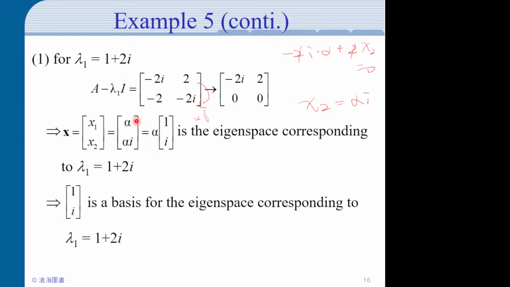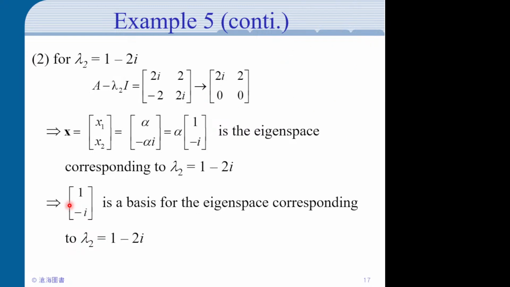There are some details that we will not push into, but it shows that sometimes you need to deal with complex numbers. So alpha is a complex number, but this is still a one-dimensional space spanned by this (1, i).